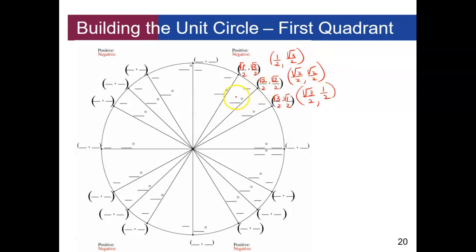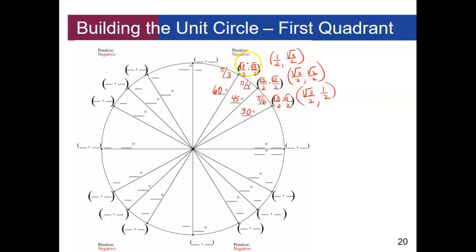So this is going to be my pi over 4, which is equivalent to a 45-degree angle. This is going to be my 30-degree angle, which is a pi over 6. And this is going to be my 60-degree angle, which is a pi over 3. Okay, so we can transfer all of these.